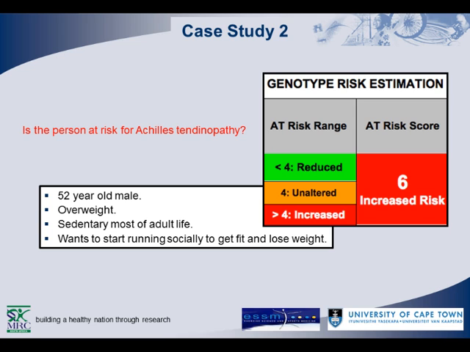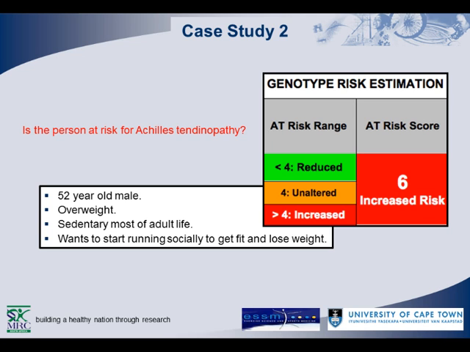And taking into account his age is also an intrinsic risk factor for these types of injuries. Overweight is also a risk factor, so he has a strong clinical risk factor which together with his genetic risk factor puts him at a very high risk for sustaining this type of injury.